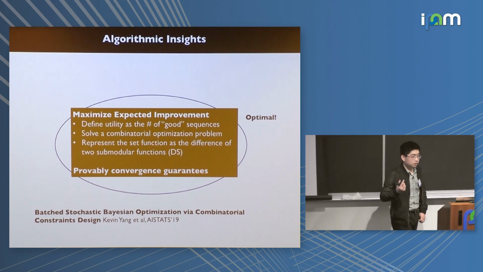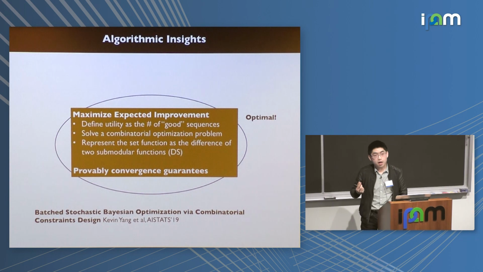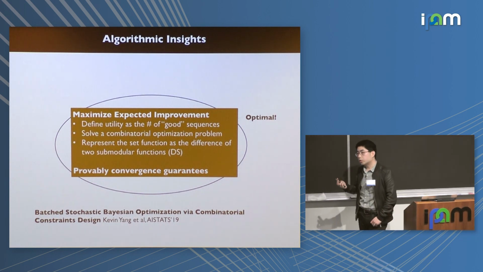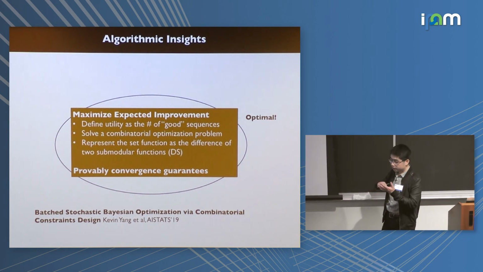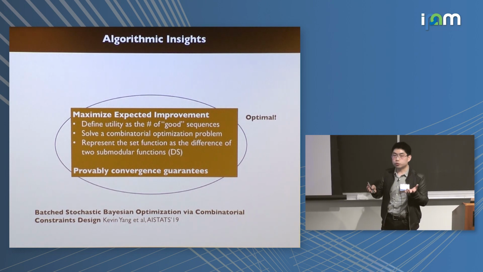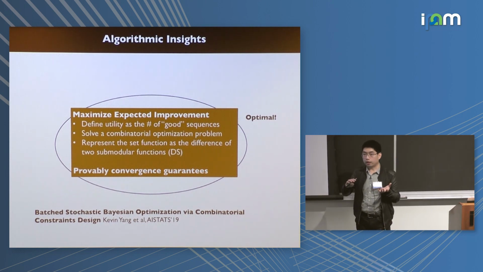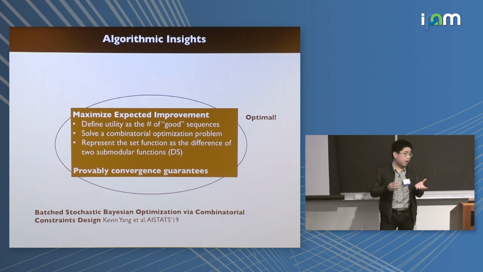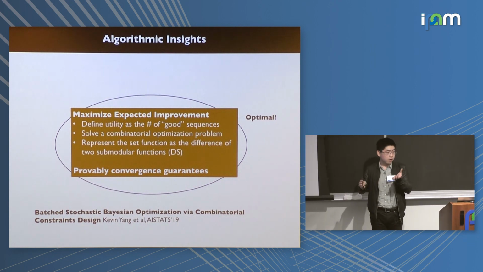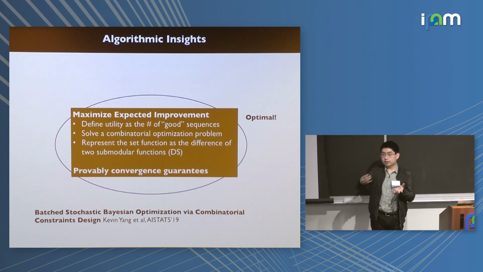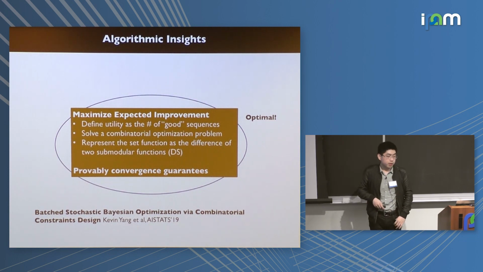An analogy in the continuous domain is non-convex optimization: people can decompose a non-convex function into a difference of two convex functions, and then optimize the function's upper bound and lower bound iteratively to find a local minimum or maximum.